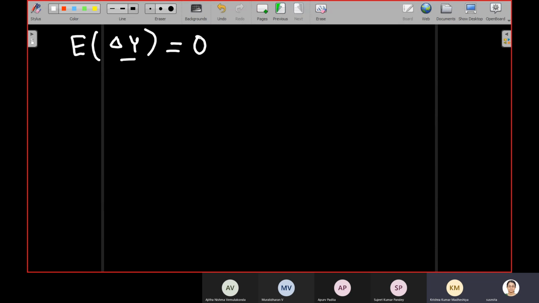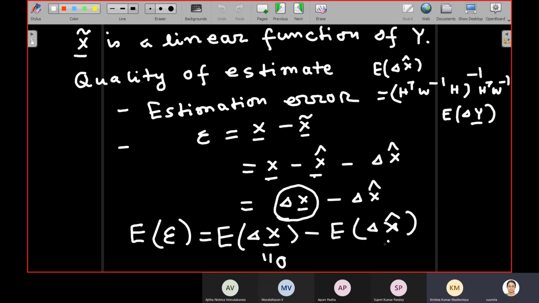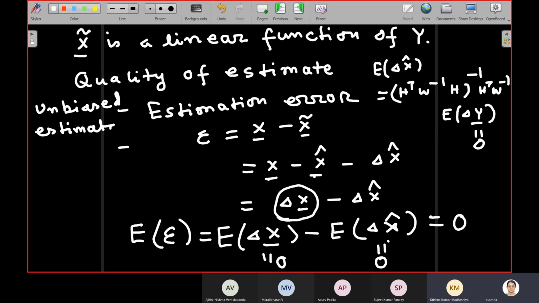So this is 0. And if this is 0, then this is also 0. So basically you have 0. The mean of the estimation error is 0, which implies that this is an unbiased estimator.